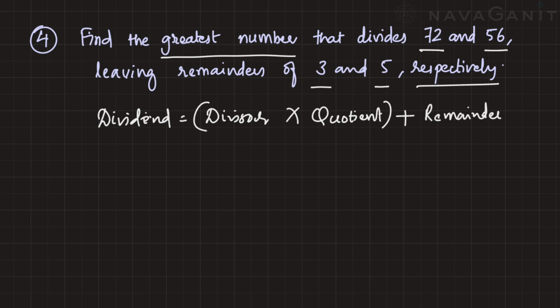So in this case, I have the dividends, that is 72 and 56, and I have the remainders which are 3 and 5. Now I need to find the divisor.